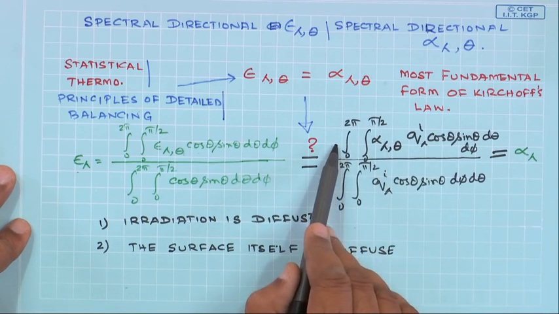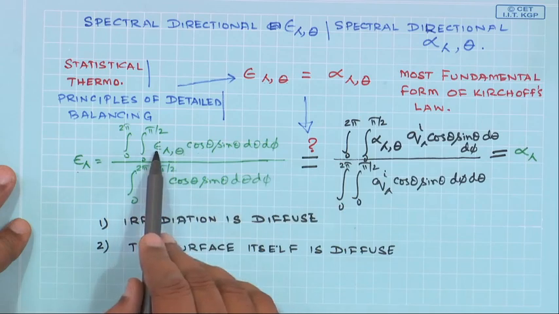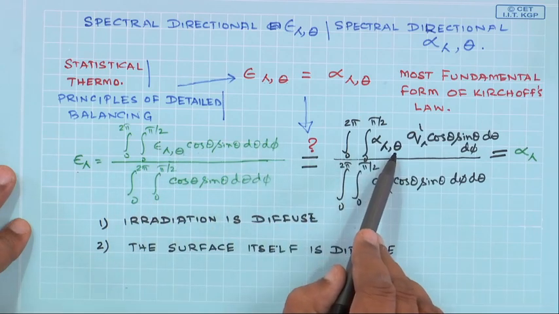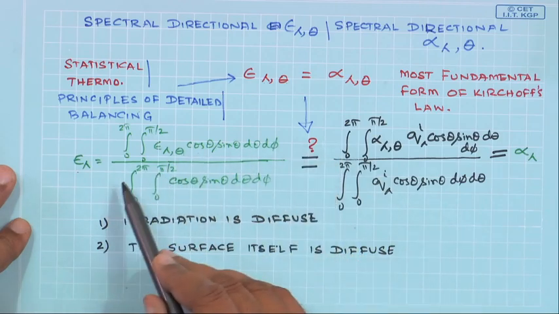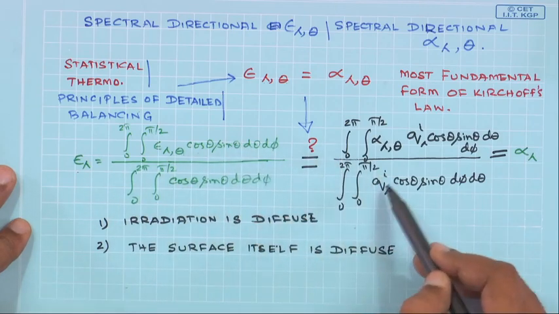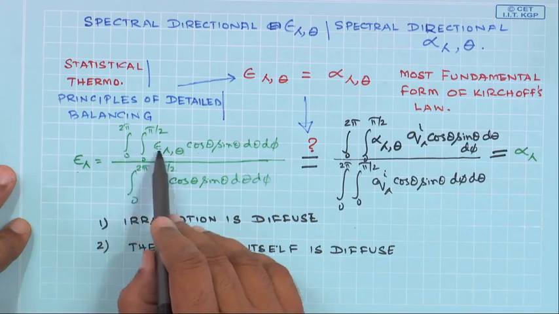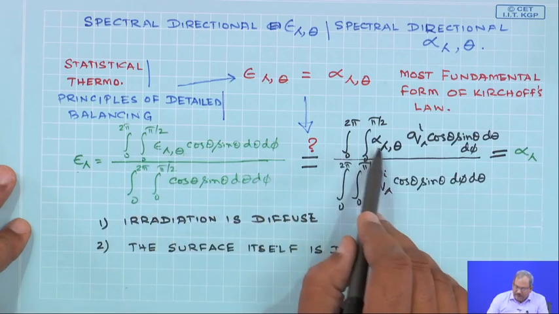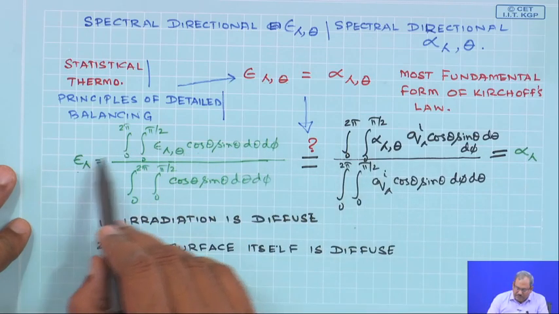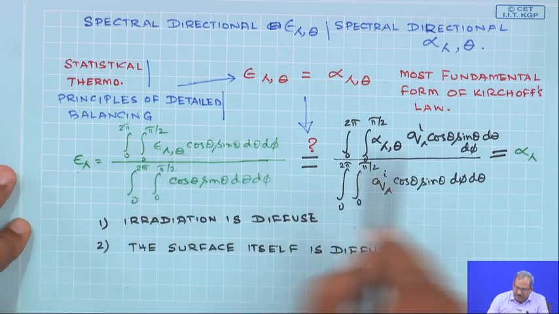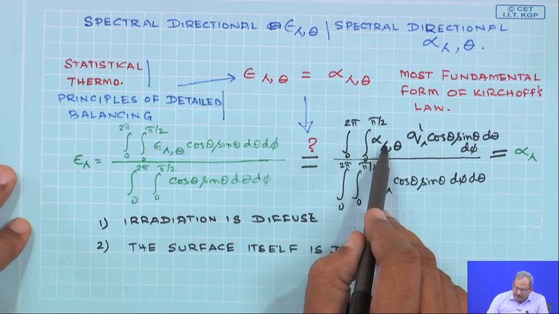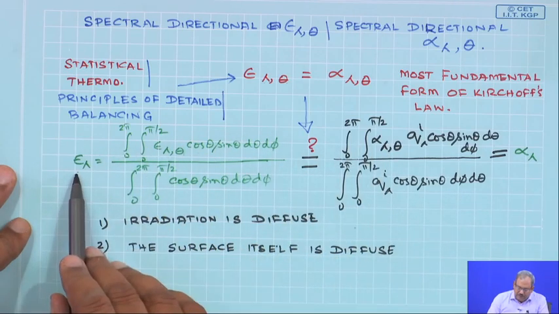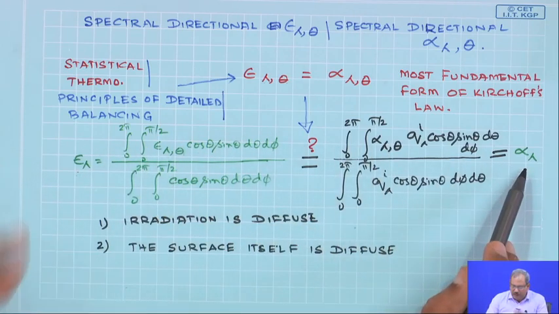Since epsilon lambda theta and alpha lambda theta are equal, these terms will cancel. What is left is epsilon lambda theta and alpha lambda theta. So, epsilon lambda is equal to epsilon lambda theta and alpha lambda is equal to alpha lambda theta, and since these two are equal, you are going to get epsilon lambda equal to alpha lambda.